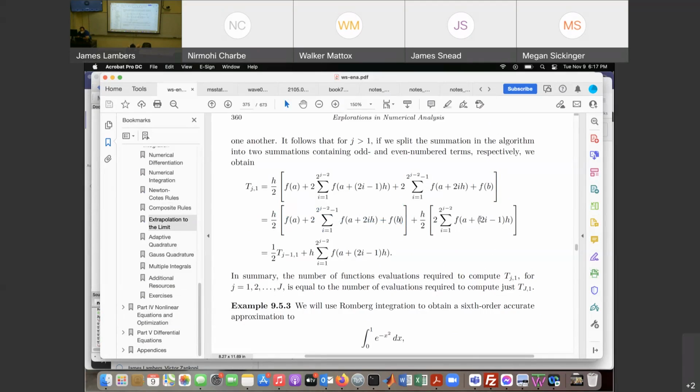And then I have the odd numbered terms over here. So when you reduce the spacing from h to h over 2, the new trapezoidal rule approximation is equal to 1/2 the previous one plus these new function values you still need to compute. That way you can significantly reduce the number of function evaluations needed to compute the first column of your Romberg table.